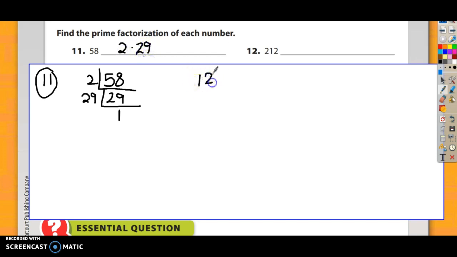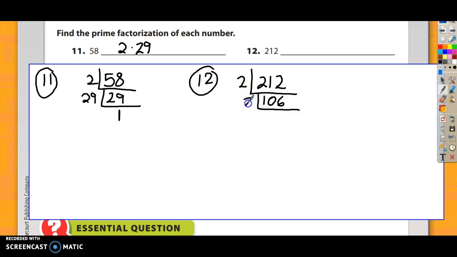Now number 12, the number is 212. I'm going to do a ladder diagram again for this one, and then on the next ones I'll do factor trees. So what goes into 212? Obviously 2 does. And this is mental math, because 2 goes into 200 100 times, and 2 goes into 12 6 times, so I get 106.